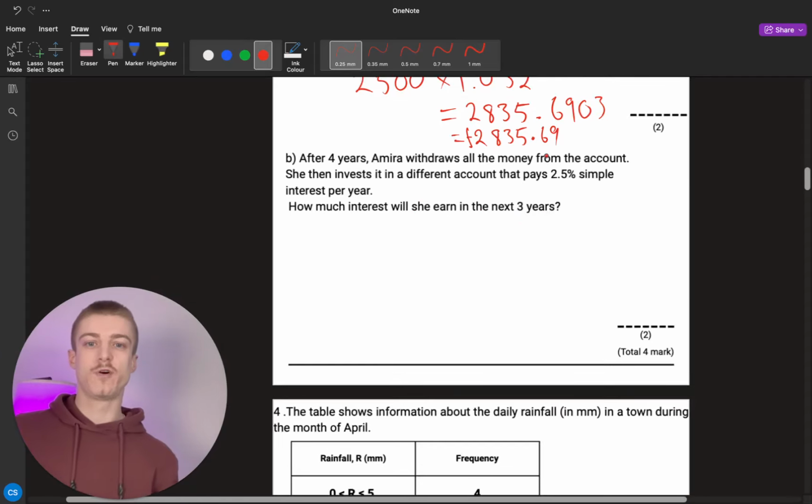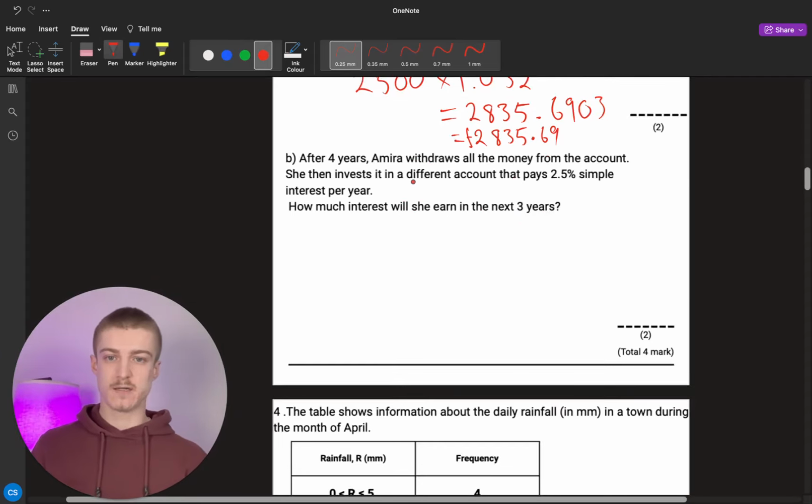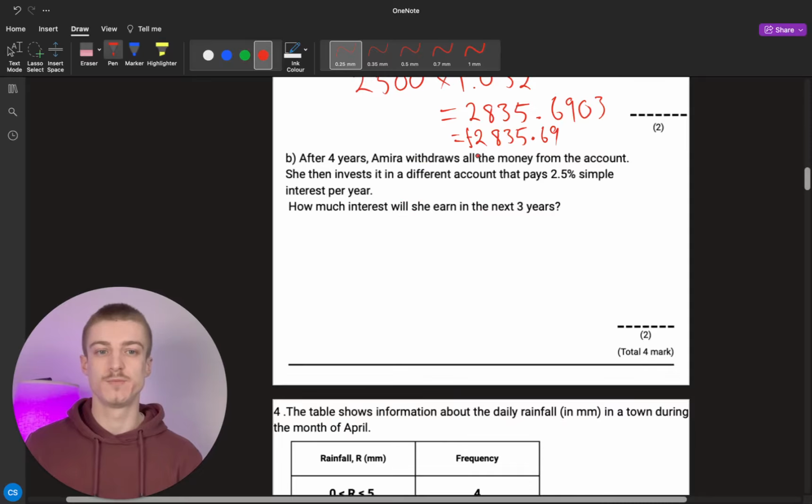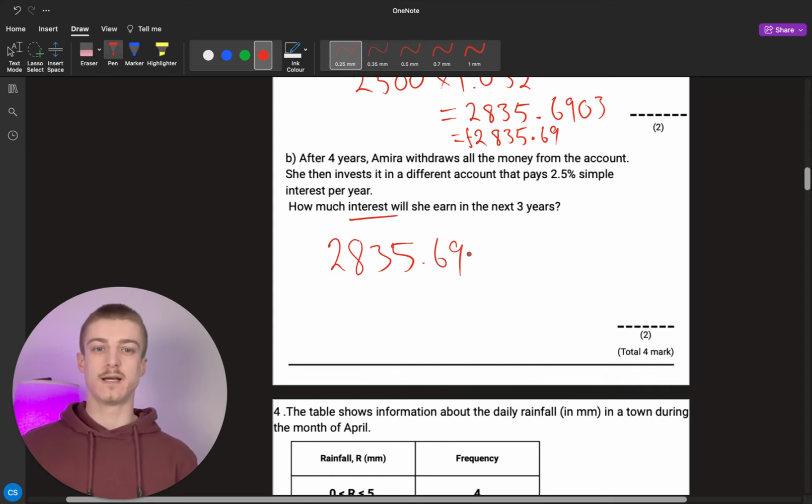Okay, after 4 years, Amira withdraws all the money from the account. She then invests it in a different account that pays 2.5% simple interest per year. How much interest will she earn in the next 3 years? We're looking at the interest, not the total amount. So we're going to take 2,835.69 and the 2.5% simple interest, a multiplier of 0.025.